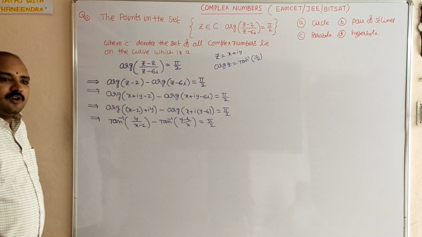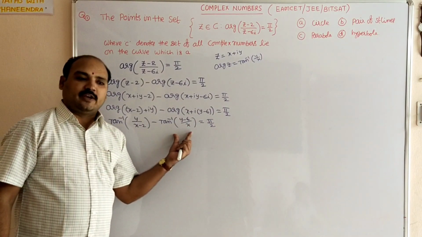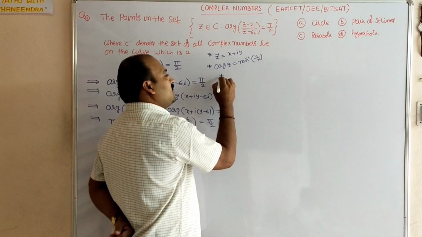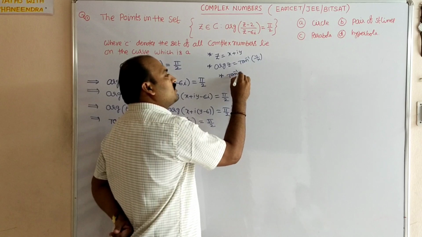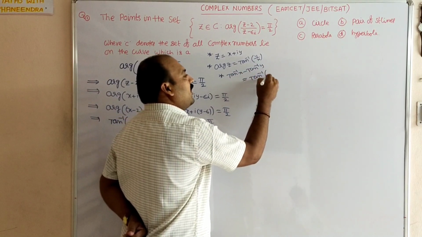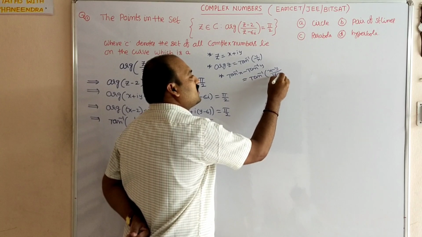And one more important formula, tan inverse x minus tan inverse y. Here I am mentioning all the related formulae. Tan inverse x minus tan inverse y is equal to tan inverse of (x minus y) divided by (1 plus xy).